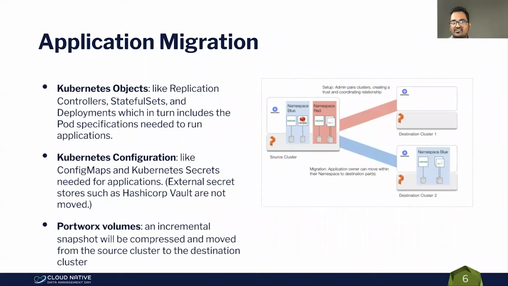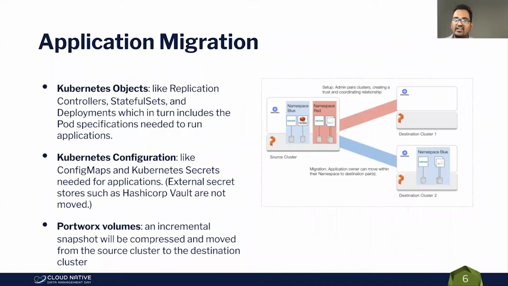We already discussed what an application looks like in Kubernetes. It has the Kubernetes objects like replica sets, stateful sets, and deployment objects. It has your Kubernetes configurations or application configurations stored in config maps and secrets, and you have your volumes. And again, since we're talking about Portworx, these are Portworx volumes. These are parts of a single application, but then you might have multiple applications running in different namespaces on the same cluster.